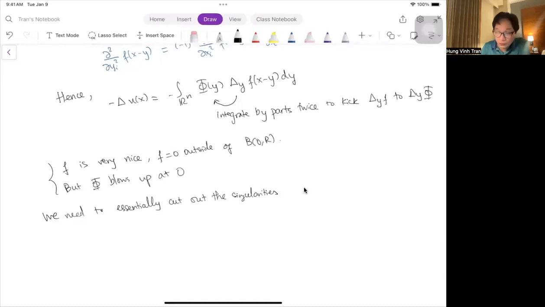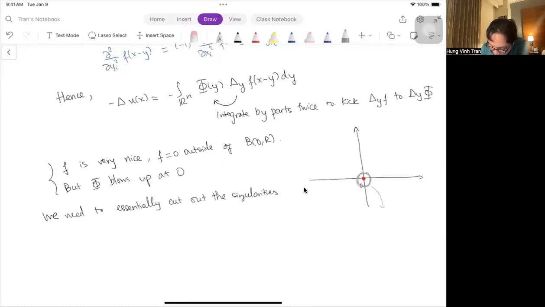In this case, there's only one. So the idea is simple. Let's draw a schematic picture. Phi blows up at 0 here, okay? So the idea is then, not dealing with the whole domain, but instead we single out the singularity. We put a small ball around it.